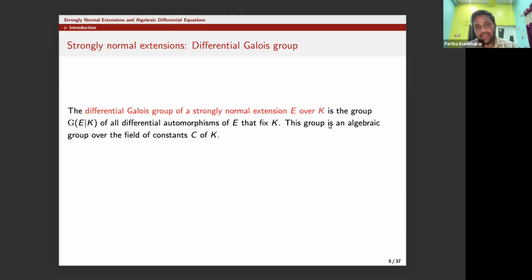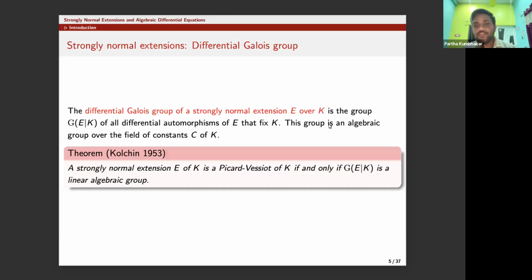The group of all differential automorphisms of a strongly normal extension, called the differential Galois group of the strongly normal extension, is an algebraic group. So they have a very rich structure, and it's an algebraic group over the field of constants C of K.